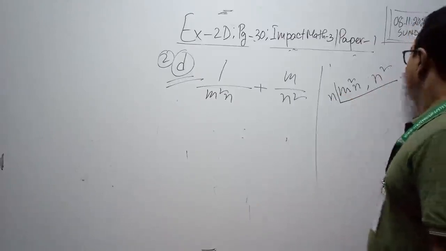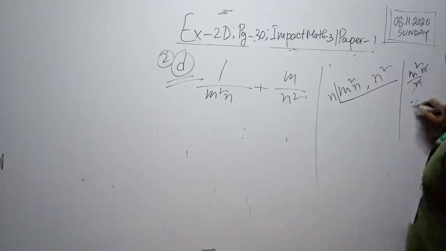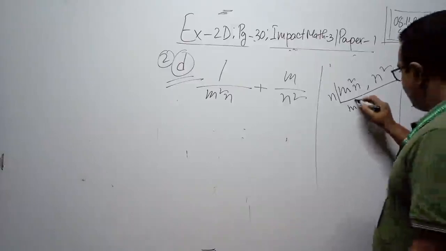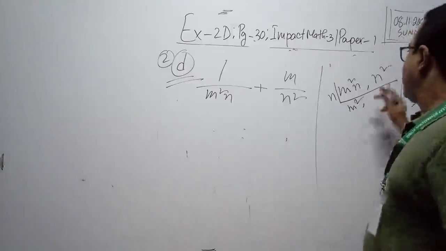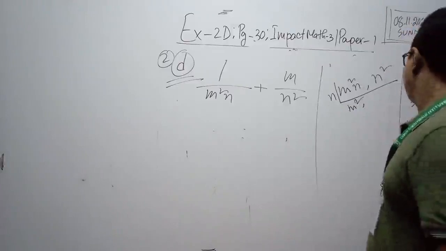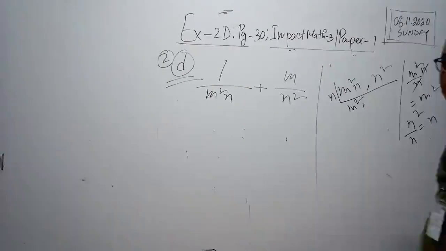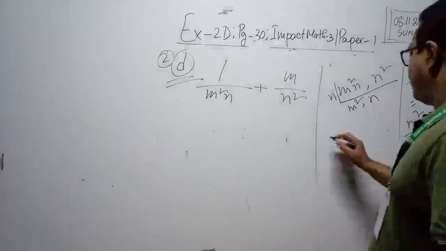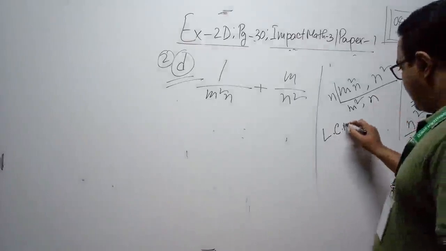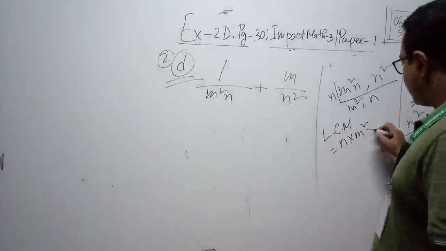Now what do we have? m square n divided by n gives m square, and n square divided by n gives n. So LCM is equal to n times m square n.